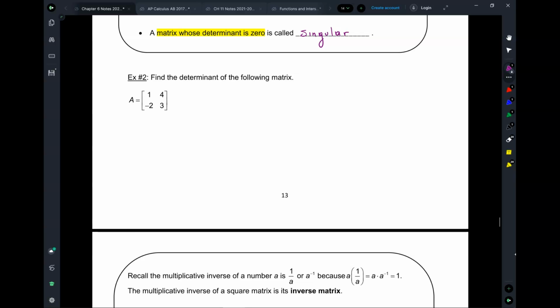Okay, so determinant of this matrix, right? 1 times 3 minus negative 2 times 4. And honestly, the only issue I've seen students have is negatives. In the world of matrices, it means determinant.